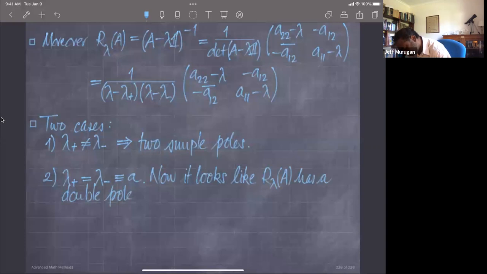But this is not true. How? Because we note the following.